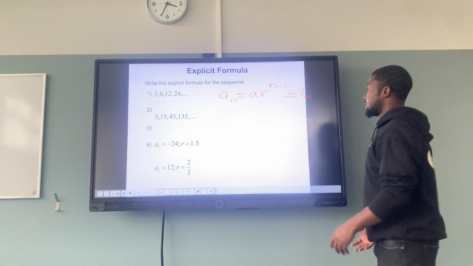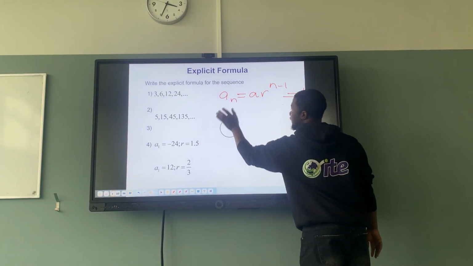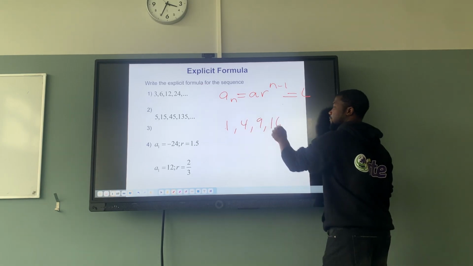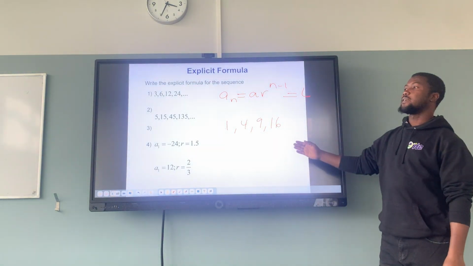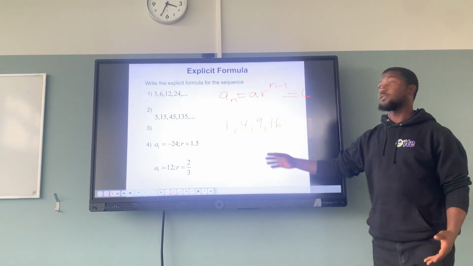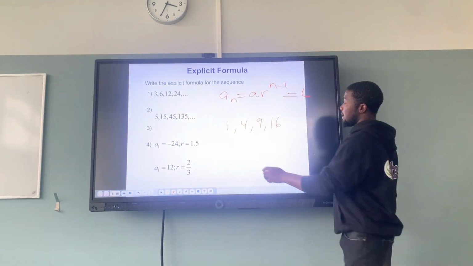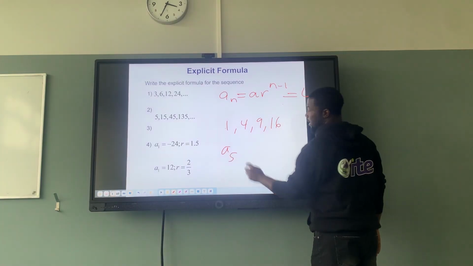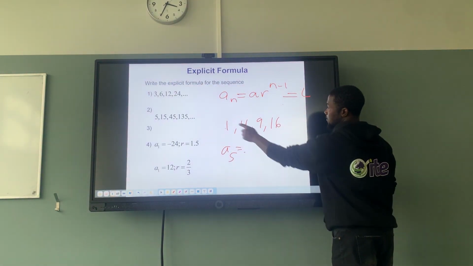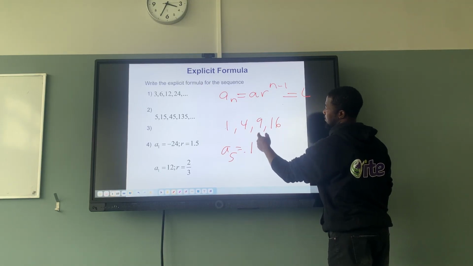If a sequence is with 4 terms, 1, 4, 9, 16. If I ask you to find the 5th term of the sequence, the 5th term is the last term there, because there are 4 terms right now. If I ask you to find A5, A is 1, R is 4 divided by 1.